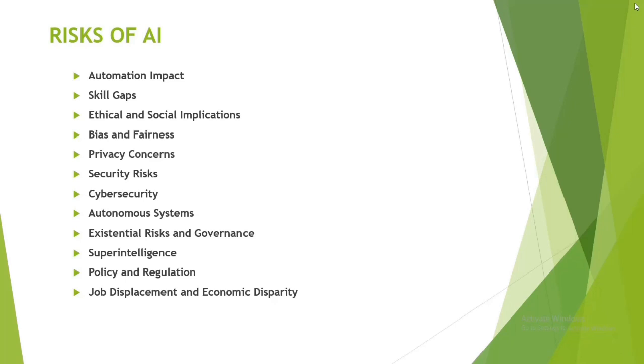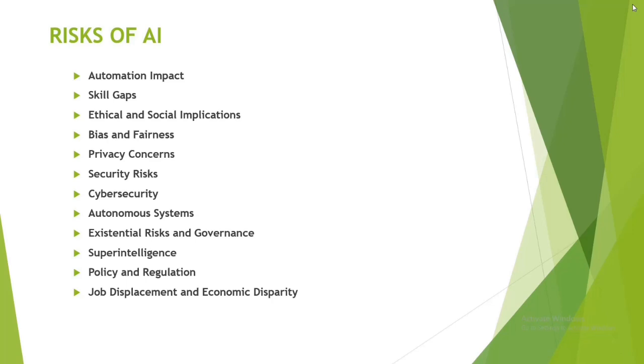AI algorithms may exhibit biases based on the training data, leading to unfair outcomes in areas like hiring, lending, and law enforcement. Also, privacy concerns: AI systems collect and analyze vast amounts of personal data, raising concerns about privacy breaches, surveillance, and unauthorized use.